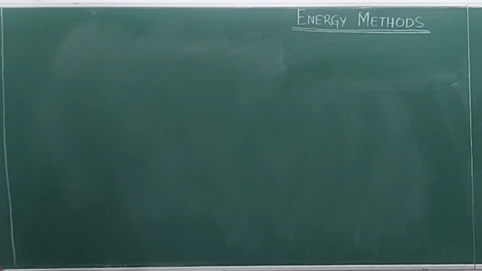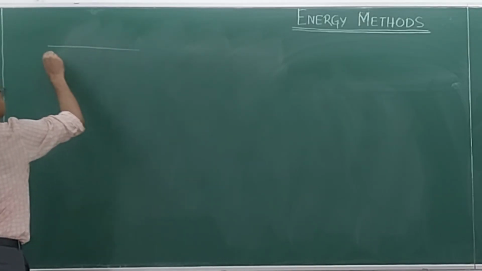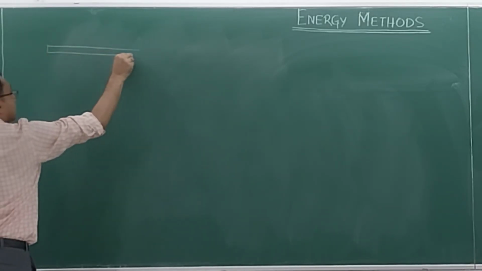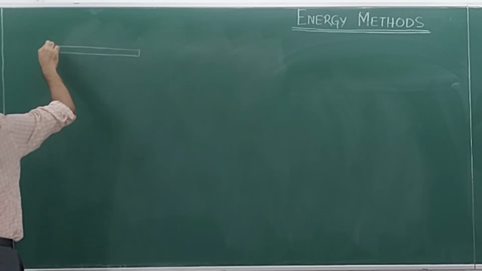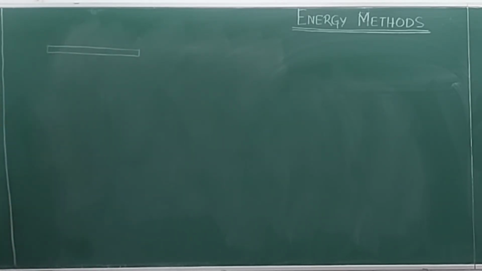So we'll try to understand that W is equal to delta U in a very neat and clean fashion. For that, we'll take a rod, as simple as that. We'll try to find out the change in the strain energy of this rod as we pull on it.